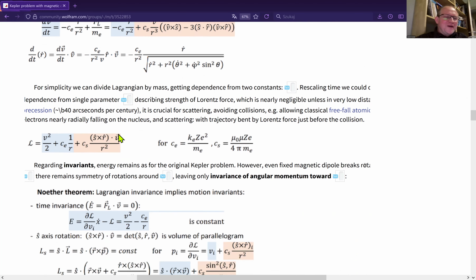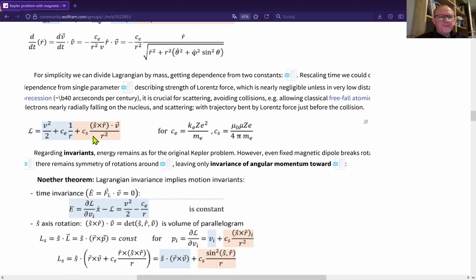So here is the basic form where you can find these parameters. We can set C to 1, but the most crucial is the CS, which says how strong the magnetic dipole is. Usually it's tiny, many orders of magnitude below 1.